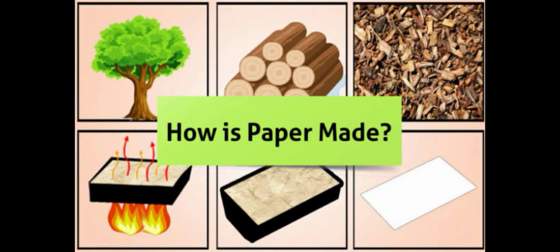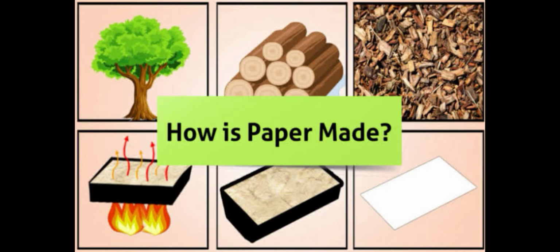After the pulp is converted into paper, the letters are printed. If it is your book, the letters are printed in the book, and after all the printing is over, it is bound and laminated, and then only do we receive our book. This is the process we undergo in making paper.